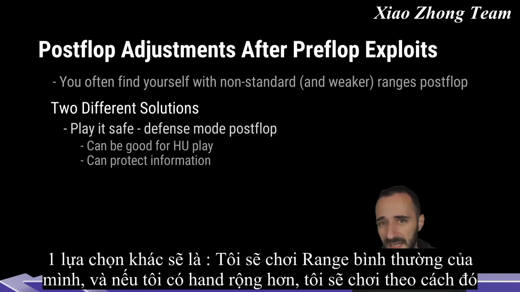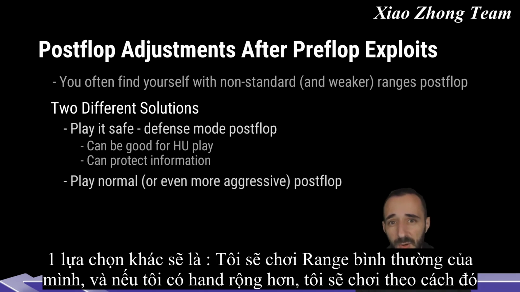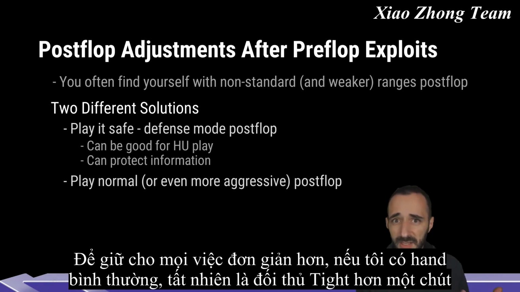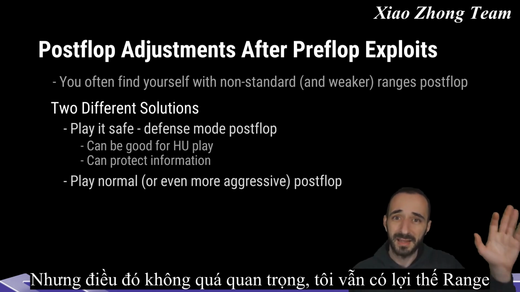Okay. Another option would be to say, I'll play my normal range normally, and if I have a wider hand, I will play it in that way. Because here you're not thinking of your strategy as a whole, or maybe you are a bit. You're keeping things simpler for yourself. You're like, if I have a normal hand, sure, you're a bit tighter, but it's not that big of a deal.